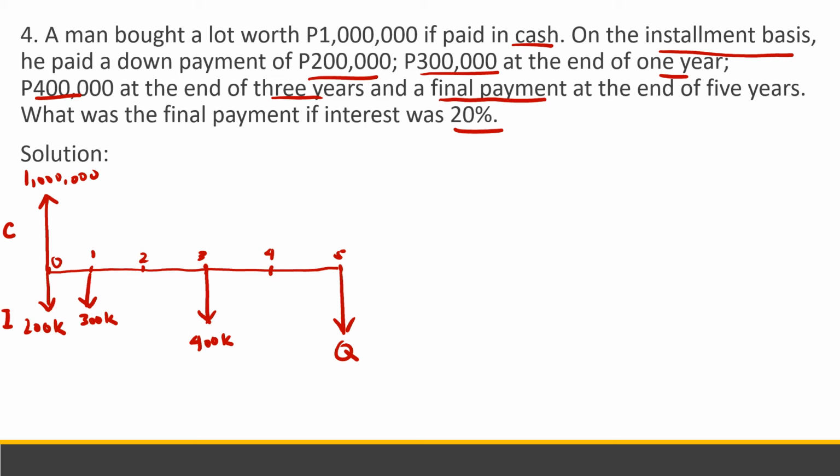So the equation of value here, the concept is that we move the amounts in other years to one year, or one focal point.